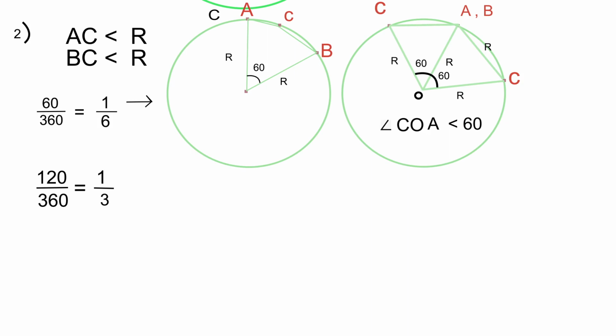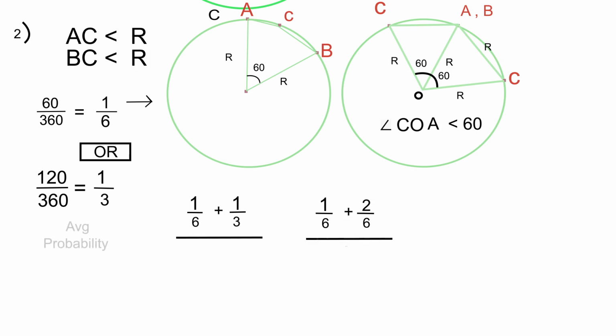Now, we can have this, or we can have this, 1 over 3. And in probability, if you have one or the other, you add them. So 1 over 6 plus 1 over 3. And we have to find the average probability. And how do you find the average probability?